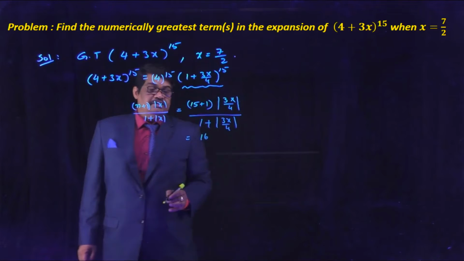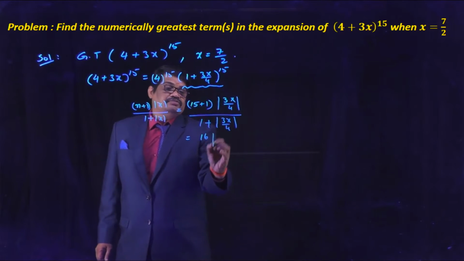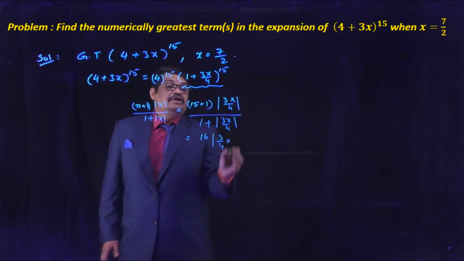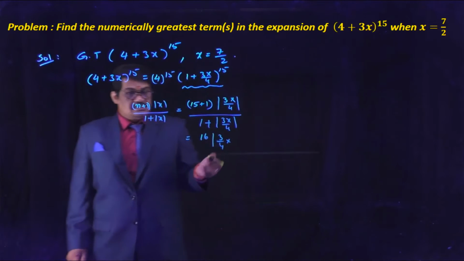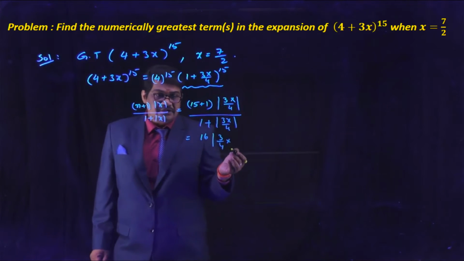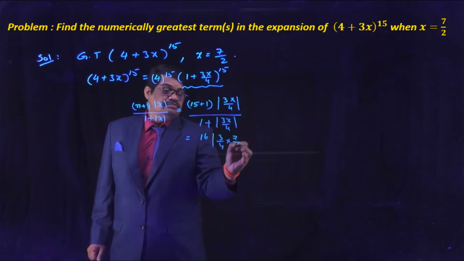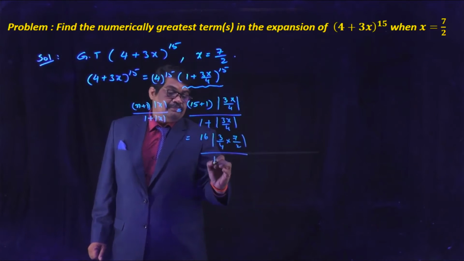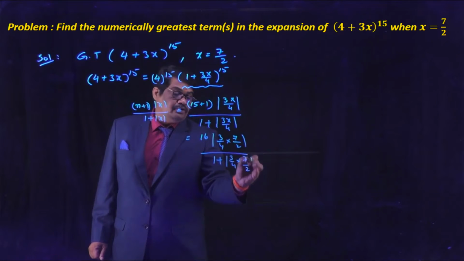That is 16 into 3/4 into 7/2, divided by 1 plus 3/4 into 7/2.